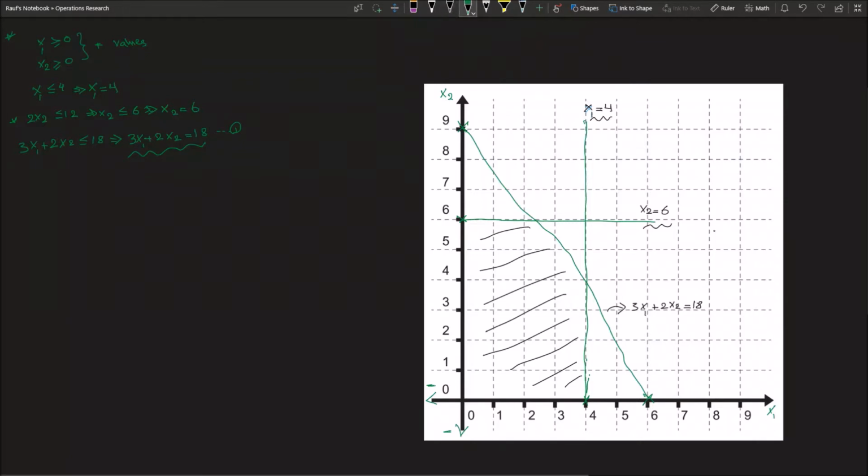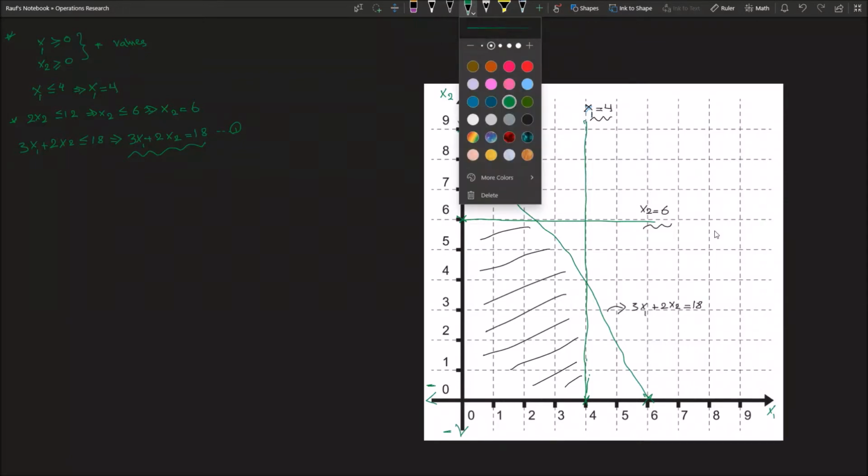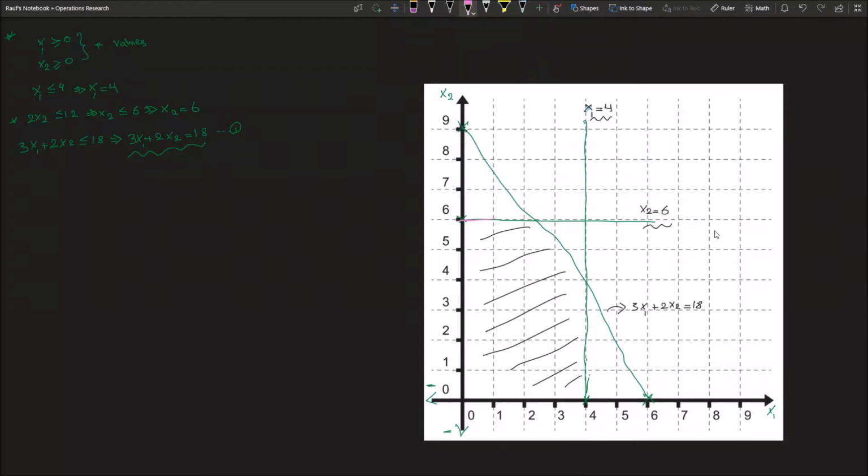If I want to find another color in here, let's go with the pink. So this is your feasible region that you are looking for.